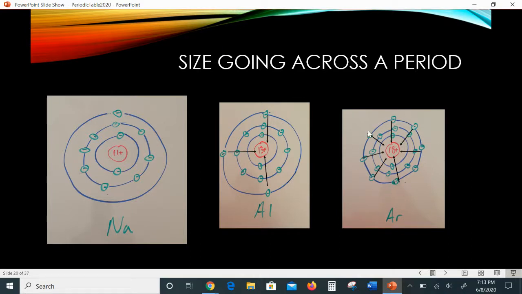So there's more increased attraction to your outermost electrons because there's more out there to be attracted to the nucleus. Here, there's only one electron way out there by itself. It's being shielded by the 10 inner electrons. So that's a lot of resistance for anyone to care about that electron. That's why it sort of wanders off.